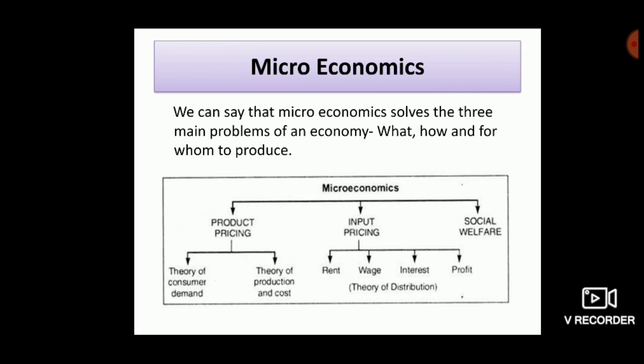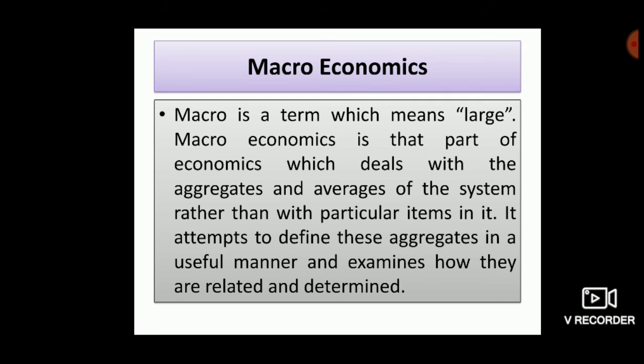Okay, so now I am going to discuss macroeconomics. Macro is a term which means large. Micro is a term which means small, and macro is a term which means large.